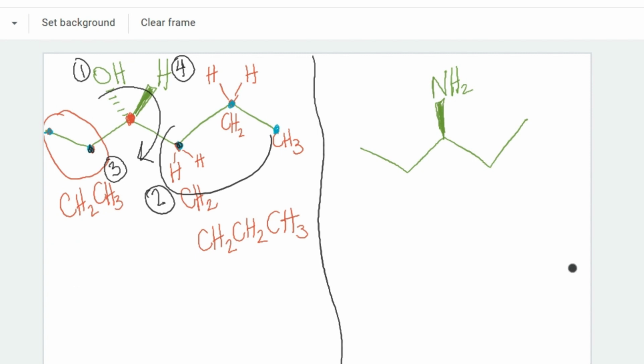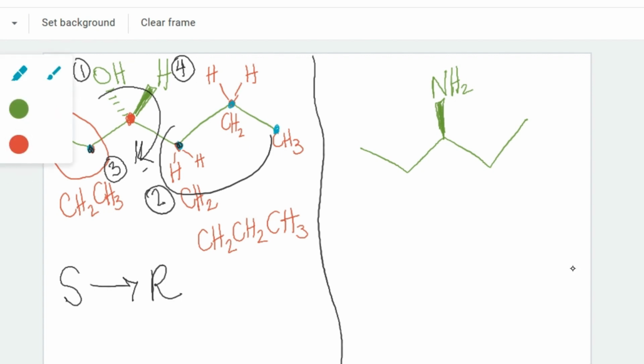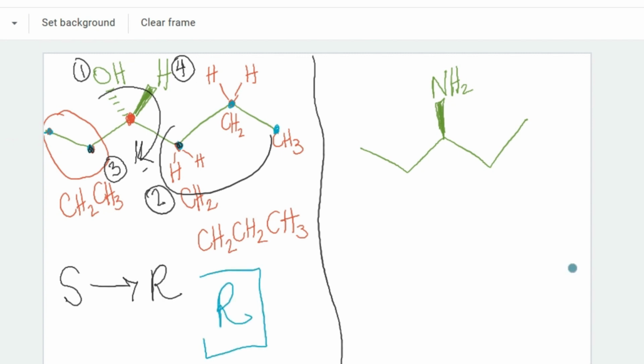Since it was going in a counterclockwise direction, we would get an S. But because the least priority, the hydrogen atom, is coming out of the screen towards us, we have to reverse. So R is the answer. For this, the answer is that this chiral center has an R configuration.